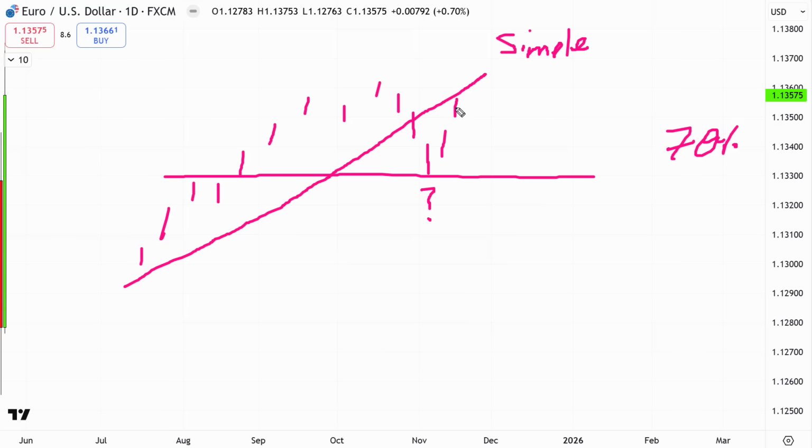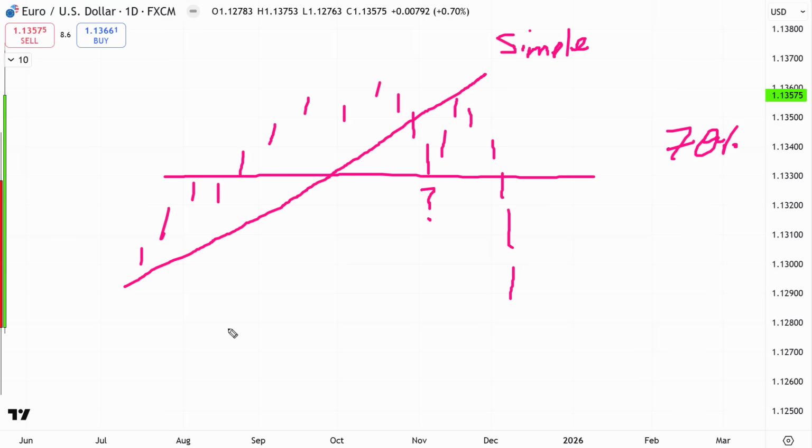And more often than not, it'll bounce back to the moving average, even if it's going to then roll over. So that's the pattern overall that we're looking for, whether it's in an upward sloping direction like this, or if we're using it in the opposite form.